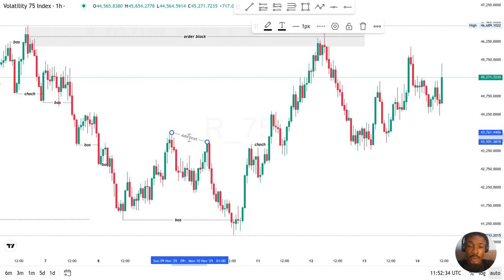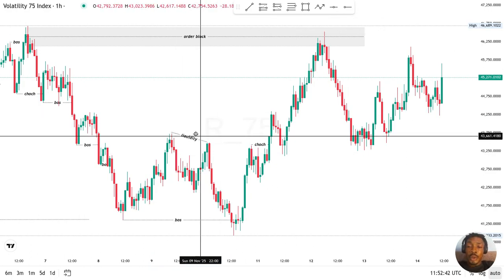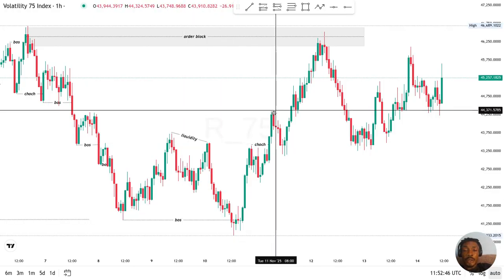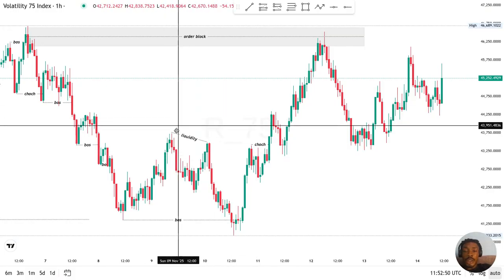So let me put it like this: liquidity. If you check, we have a change of character. Price came and took out this liquidity from here.